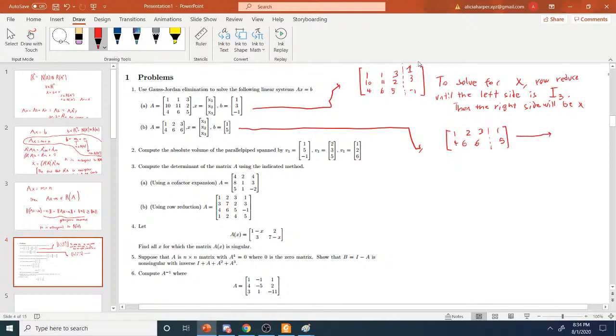So first thing I do is set row 2 equal to row 2 minus 4 times row 1, in which case I get 1, 2, 3, augment 1, and then 0, -2, -6, I believe, and then 1. So let me study this for half a second.